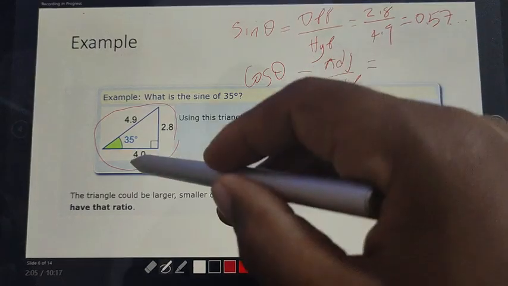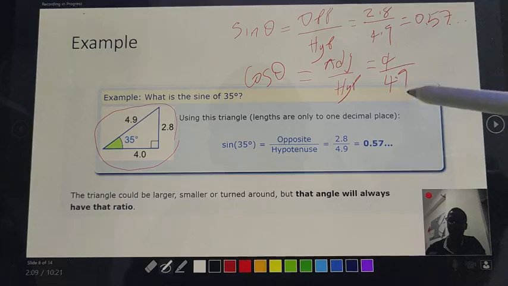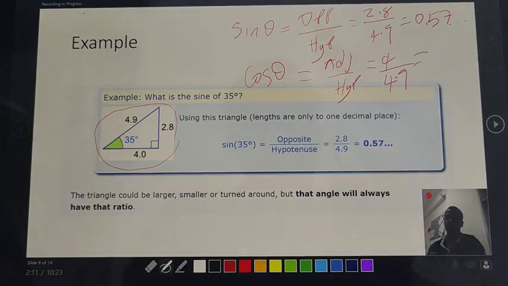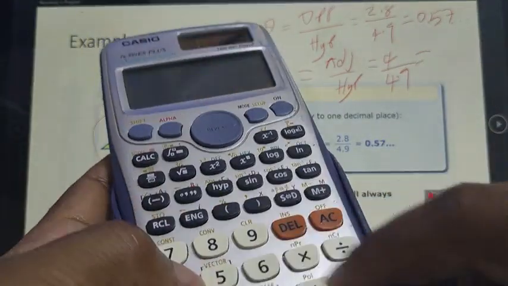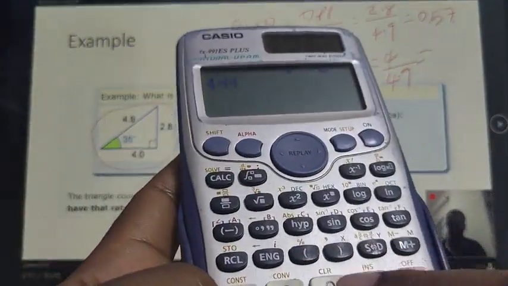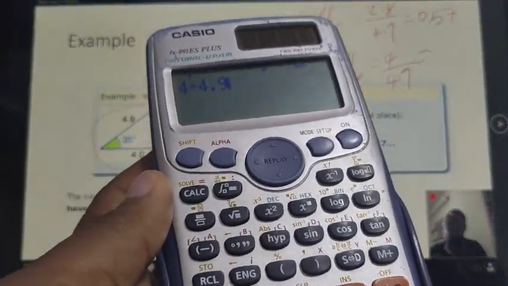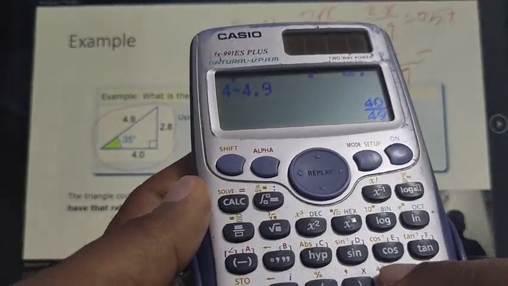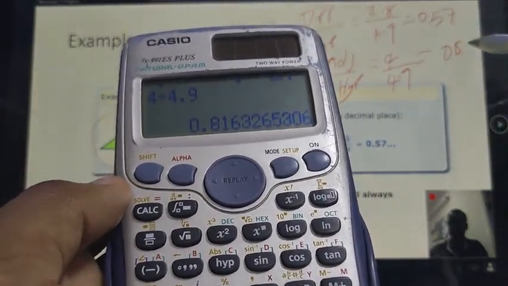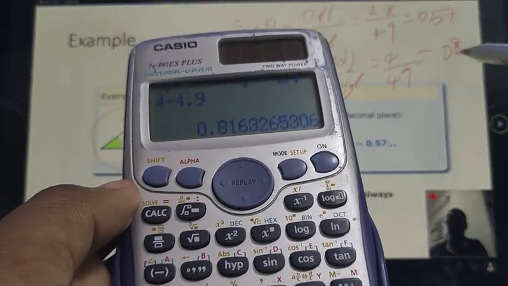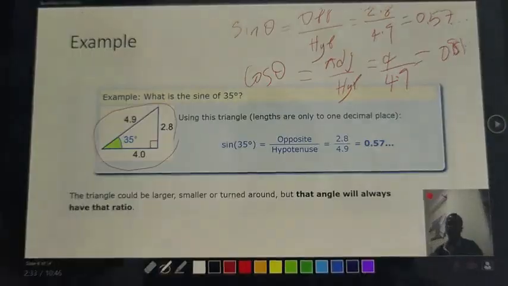Our adjacent here is 4, so 4 over 4.9. That ratio, you find, is 4 divided by 4.9, which should give you 0.81 and many other numbers.